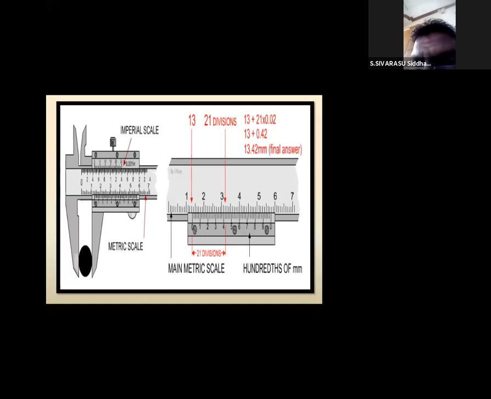After 13 main scale divisions, the Vernier scale division 0 begins. That means 13 main scale divisions. The 21st division of the Vernier scale coincides with the main scale division. One Vernier scale difference, the least count, is 0.02 mm. 21 into 0.02 is 0.42. The total value is 13.42 mm.